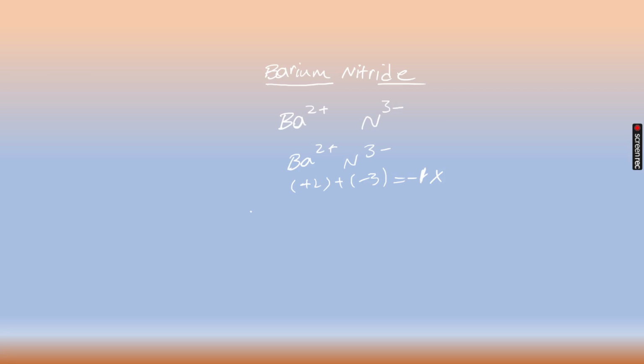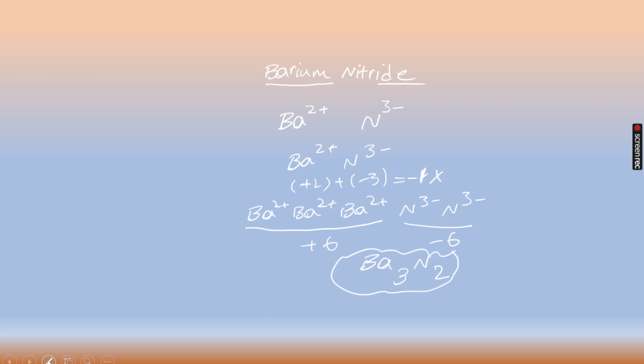So you need 3 barium and 2 nitride, because they are positive 6 and they are minus 6. So you need barium 3 and 2 nitride.